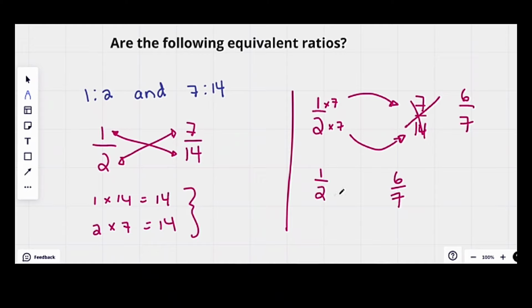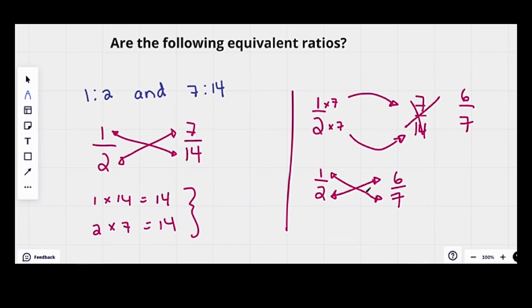So I don't have anything that I can multiply the 2 by that will give me a 7. So that means that this could not be equivalent. If we were using our cross multiply, we can also check by doing what we did before, which is we multiply both sides and we should get the exact same answer, and that's how we know it's equivalent.